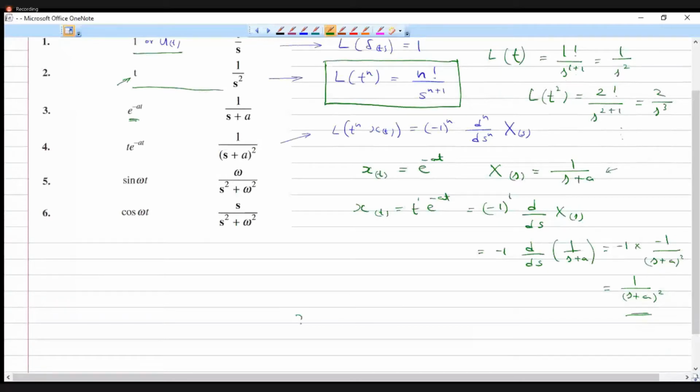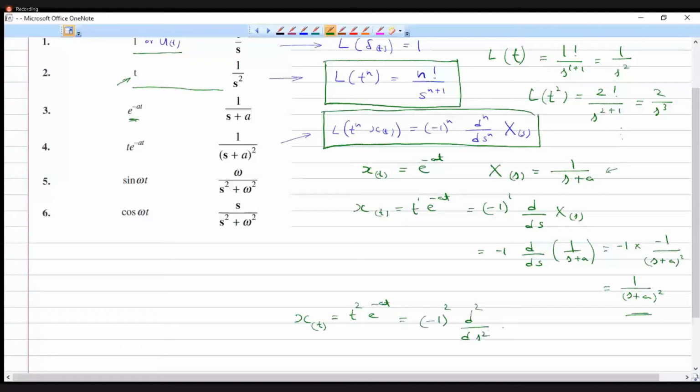Similarly, I want to go for a different function. For example, x of t is equal to t square e power minus at. So by using this property that is written in the blue color here, you can find out the Laplace transform of t square e power minus at. So that will turn out to be minus 1 raised to 2, d square by ds square of X(s). So here X(s) is 1 by s plus a, right? That is the Laplace transform of this quantity e power minus at.